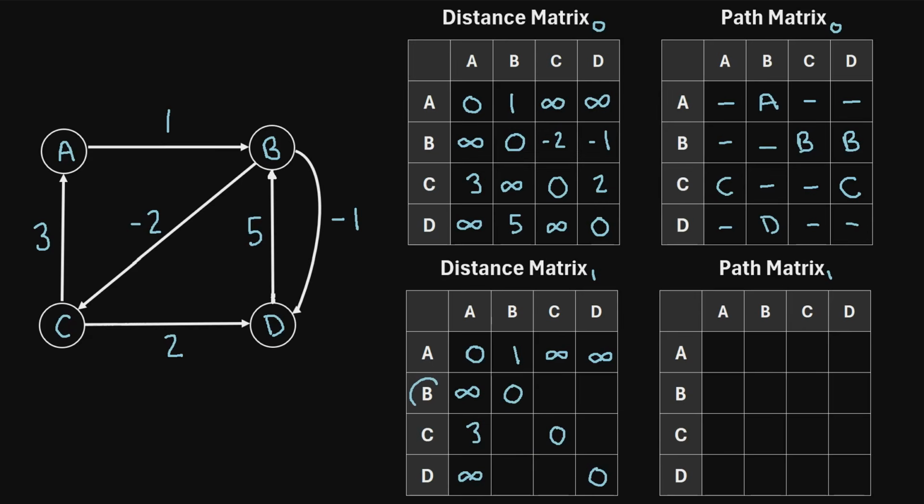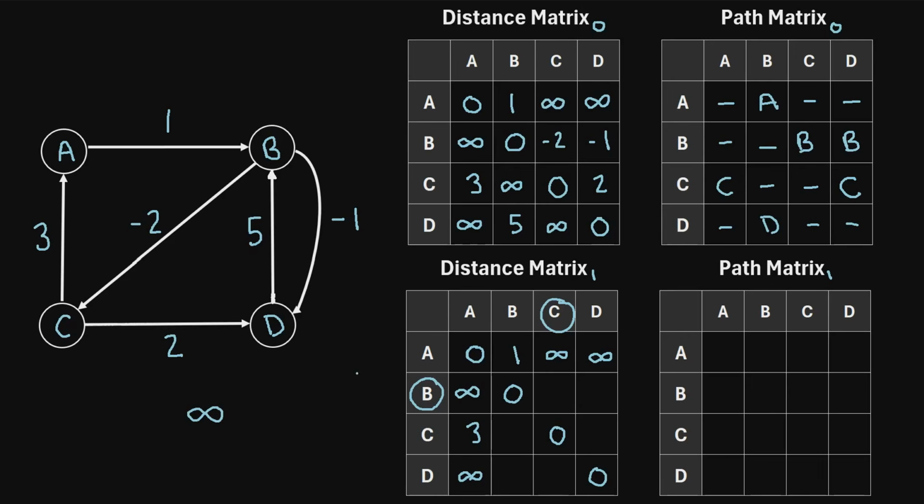So to go from node B to node C, currently the shortest distance from B to C is -2. But here we want to ask ourselves, what if we force ourselves to go through node A? So can we go from B to A to C? Would that produce a shorter distance to get to C? Well, in this case, we can see that there is no direct edge from B to A. So in other words, the distance from B to A is infinity.